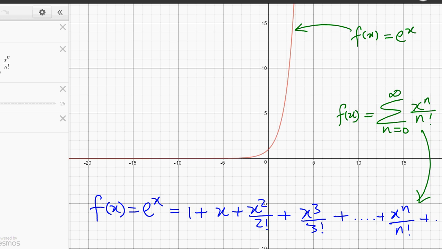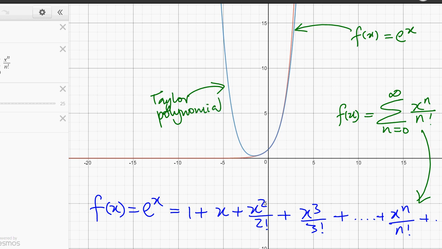And if I generate a Taylor polynomial here, for example, this one, that is the Taylor polynomial. And we use that symbol to represent a Taylor polynomial. So whenever you see T sub n, that is a Taylor polynomial. That's what it means by a Taylor polynomial.